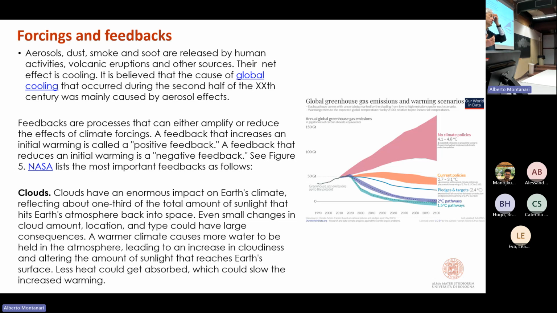Very often, if you listen to discussions on climate change, people discuss the feedback. So, for instance, in the case of clouds, I started by saying increased temperature means increased evaporation. Actually, there were recent contributions in the scientific literature based on a lot of measurements of evaporation from liquid surfaces all around the globe, and we don't see an increase in evaporation. This is called, if you are interested, the evaporation paradox.